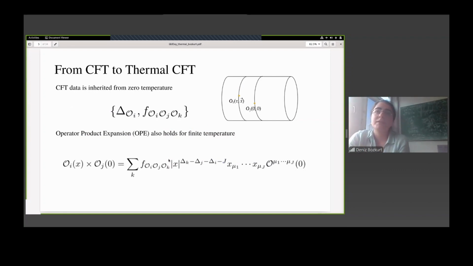Okay, but when we place our CFT on this thermal cylinder, we still have a lot of information inherited from the CFT, in particular the scaling dimensions and the coefficients of the 3-point functions. Of course, since the symmetry group is broken, the forms of the 2-point and 3-point correlators are different.